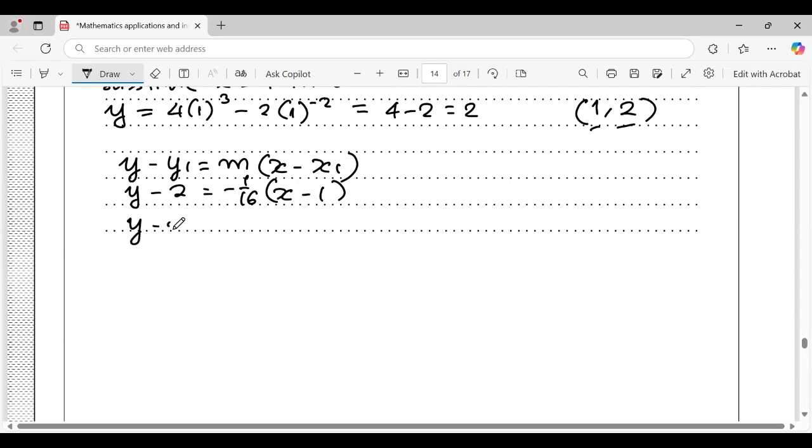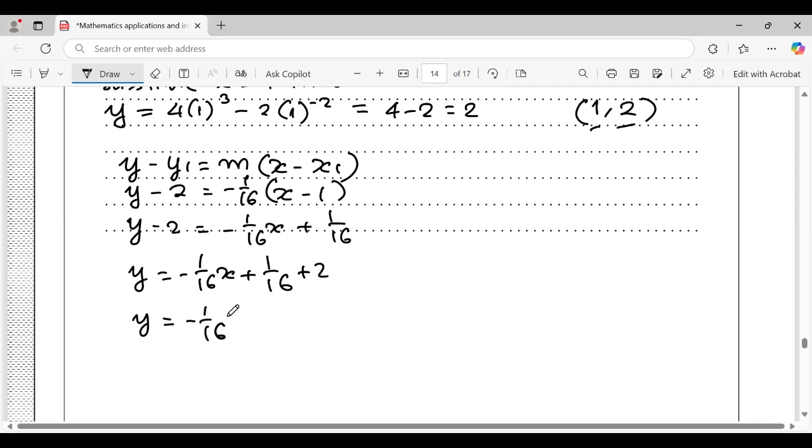So it's going to be y minus 2 equals minus x over 16 plus 1 over 16. So y equals minus 1 over 16 x plus 1 over 16 plus 2. y equals minus 1 over 16 x, and 16 times 2 is 32, plus 1 is 33, so 33 over 16. This is the equation. Next question.